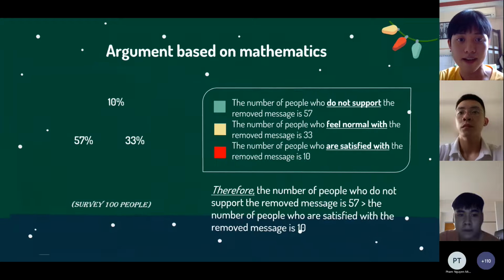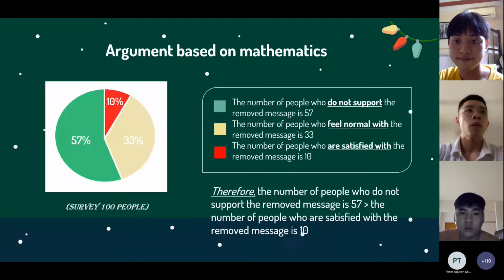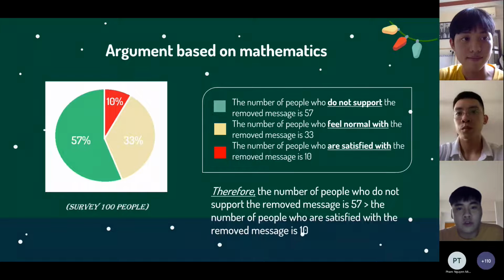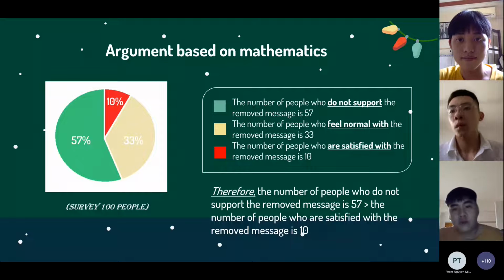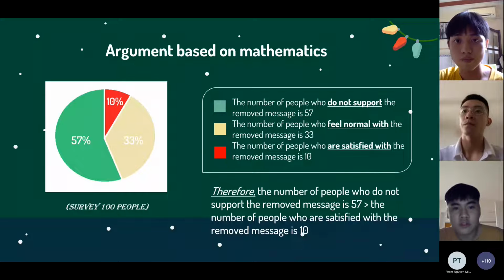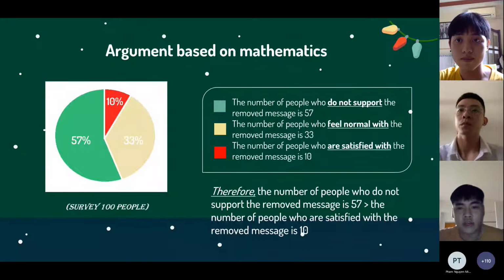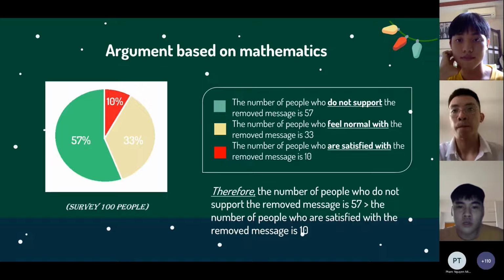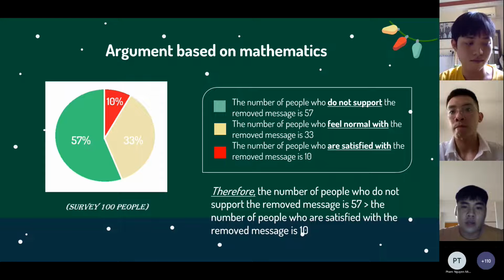So the next part. This is my part, and I will talk about the argument based on mathematics. Teacher, and you guys can see this is the survey of my team. It's based on 100 people. We divide them into 3 groups.